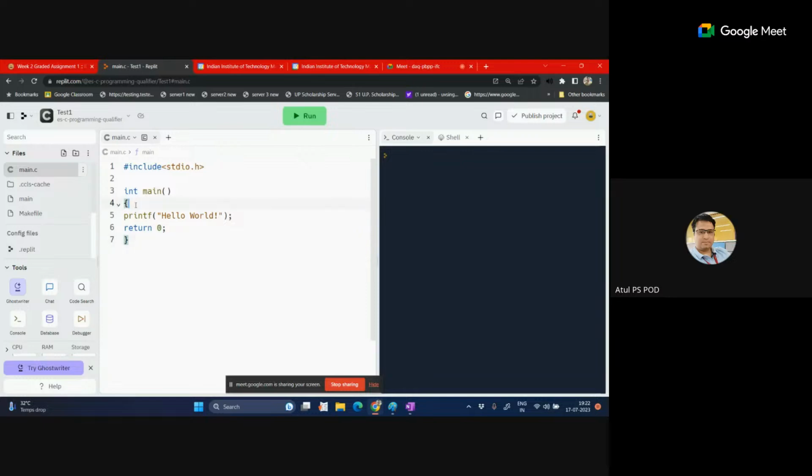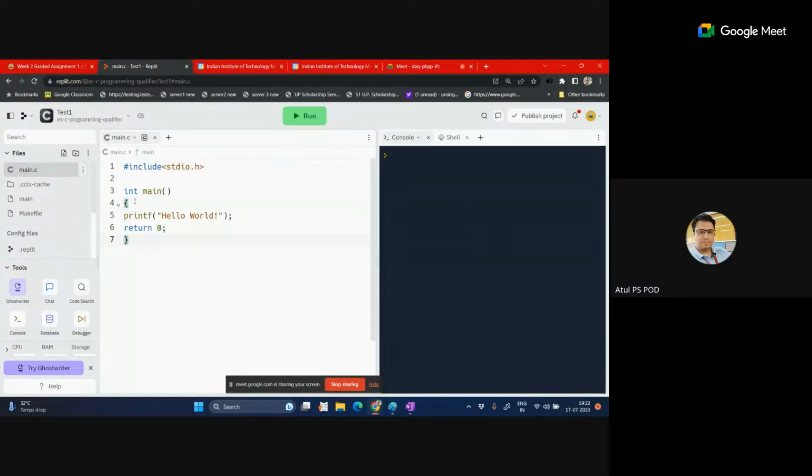They define where our block starts and where it ends. Always keep this in mind: if you write one opening bracket, you also have to write the corresponding closing bracket.